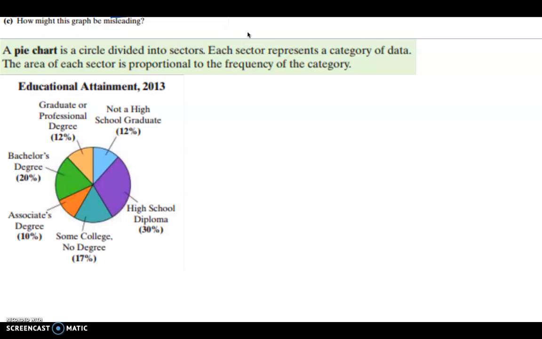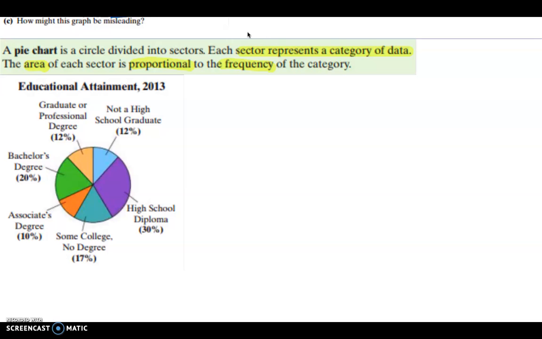We are going to be using technology to create pie charts, but just know that pie charts are used when we are trying to represent categorical data or qualitative data. So each little sector represents a category of data, and the area of each sector is proportional to the frequency. So the larger the area, the larger the expected frequency.